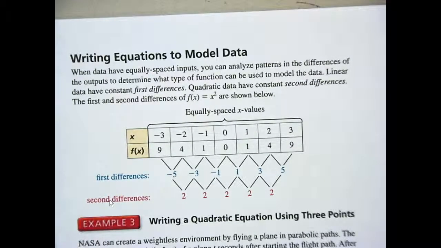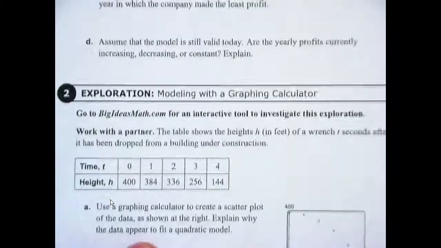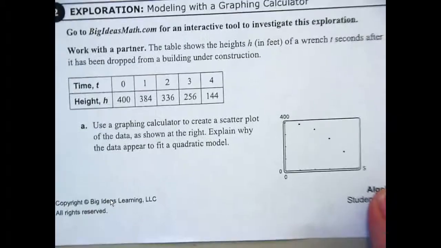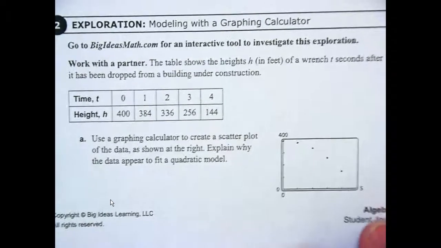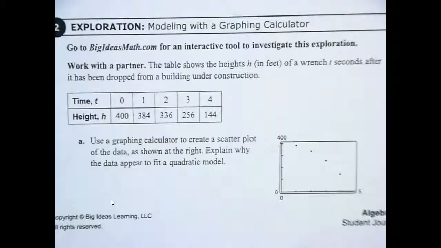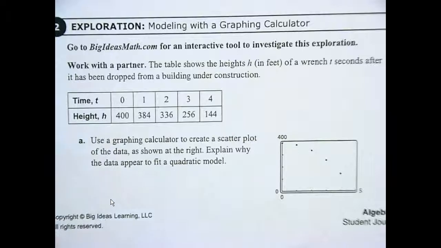Very good? So with that being said, I want to take a look at your exploration number 2 on page 39 of your student journal. In order to do this exploration, we're going to work through it together.